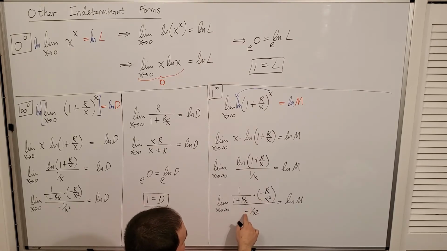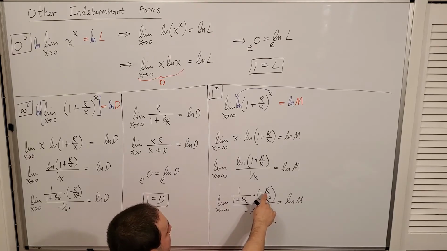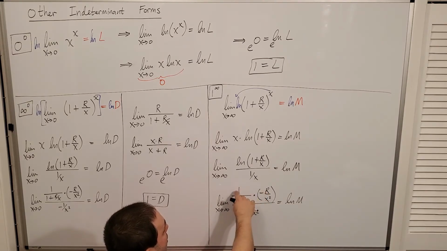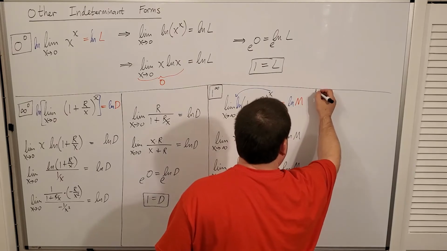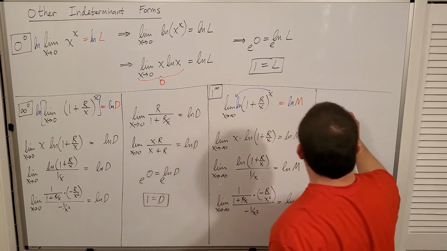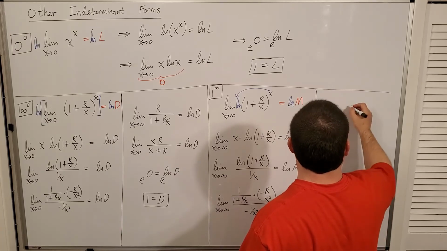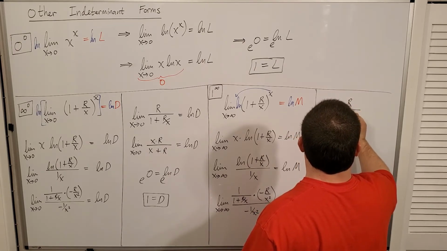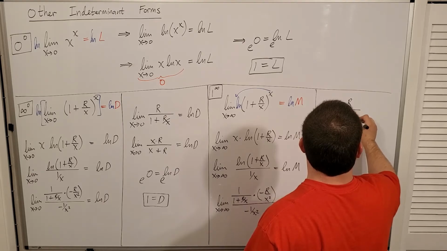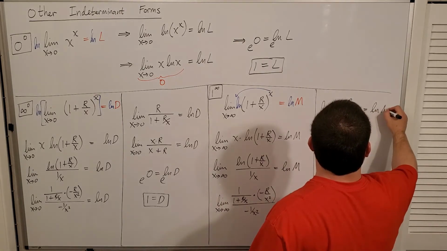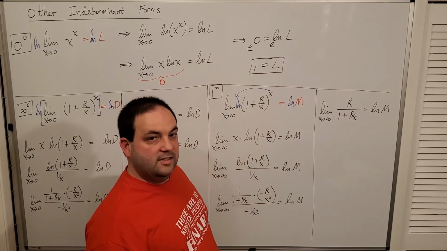The negatives won't survive, neither will the x squares, because I can multiply those out. And I'm left with the limit as x goes to infinity of r times this. So a lot of these steps should feel familiar from the very last problem we just did. But the ending is different.